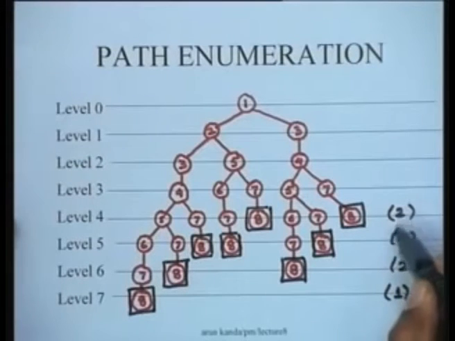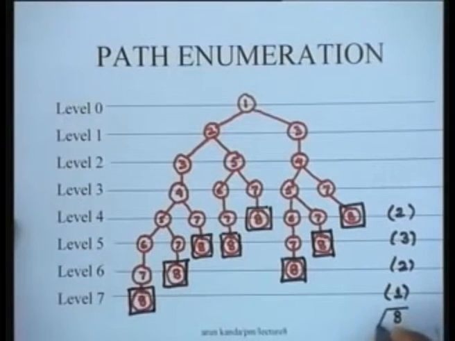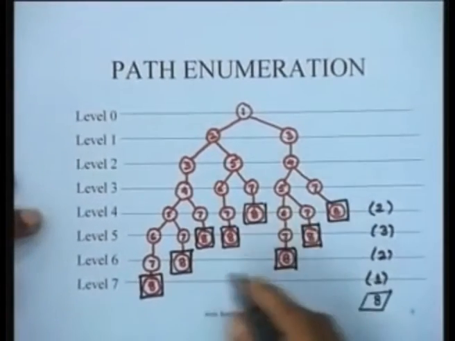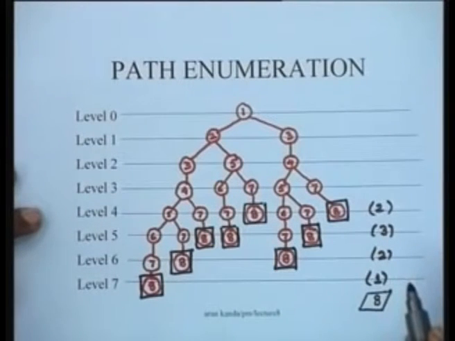So the total number of paths discovered in this path enumeration exercise is 3 plus 2 is 5, and 2 is 7, and 1 is 8. So for this example there are 8 paths from source to sink in the network, and they have all been enumerated here. This is a systematic tree enumeration algorithm which can be used for enumerating all the paths.